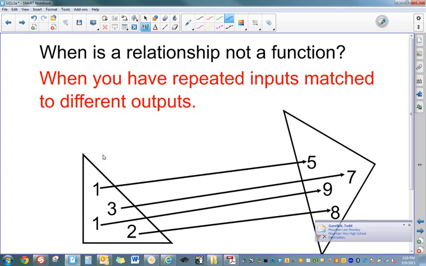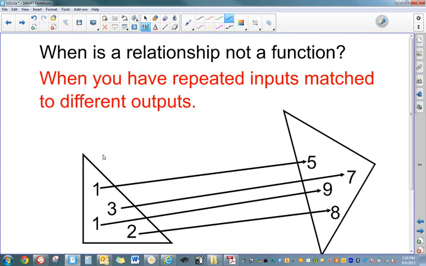So take a look at my mapping diagram down there. You can see the left triangle, and I'm just using different shapes. The left triangle has a 1, a 3, a 2, and another 1. The problem there is that if I were to ask you, David, when I put 1 in, what do I get? 4 or 9.